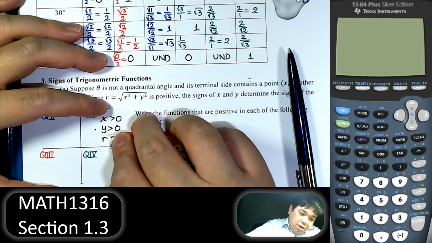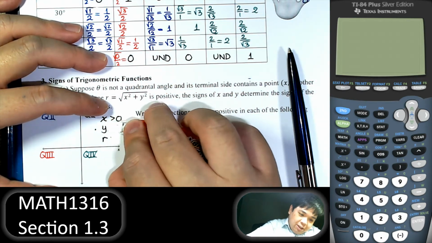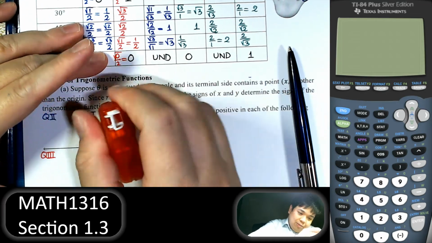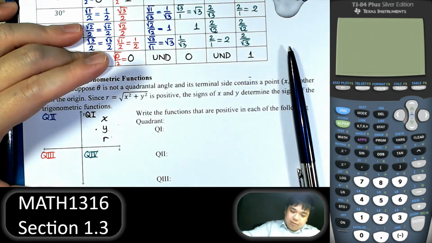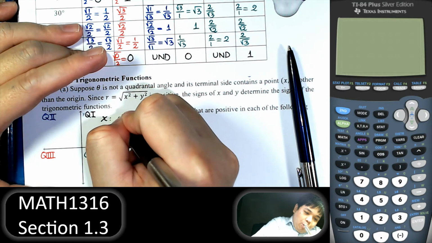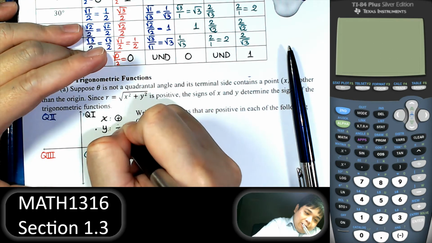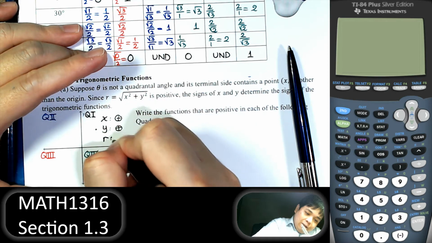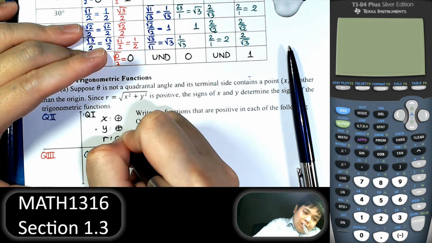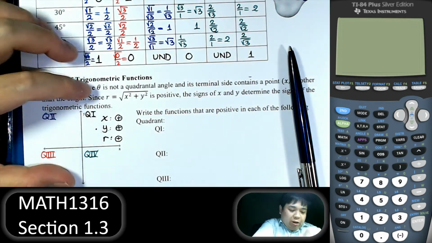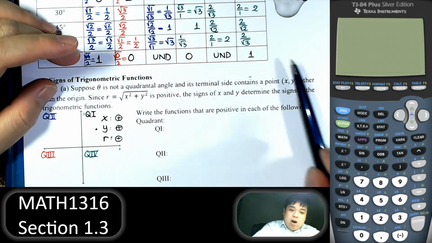So on that, in the first quadrant, all of the x, y, and r are positive.